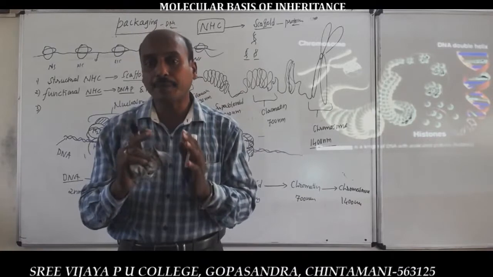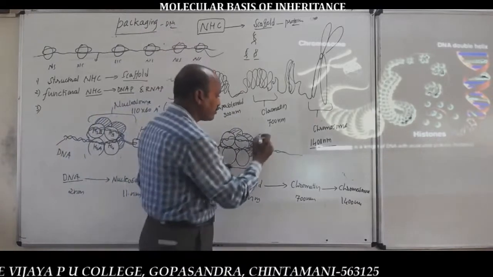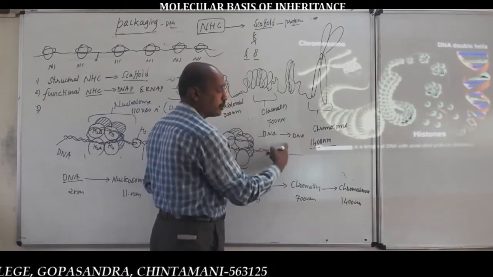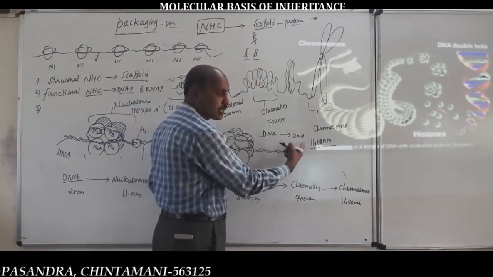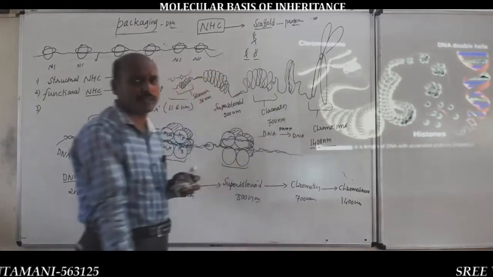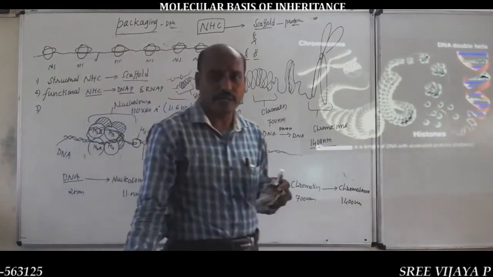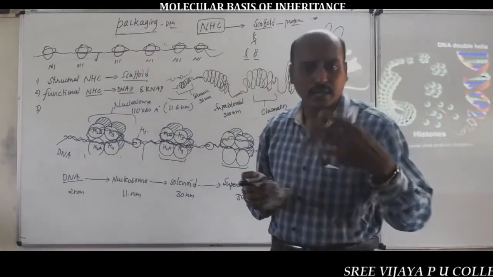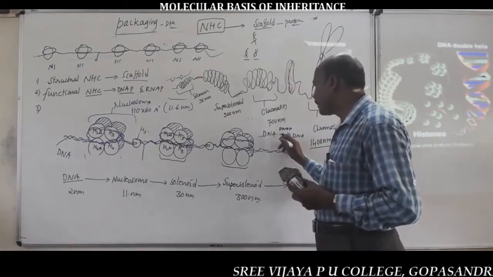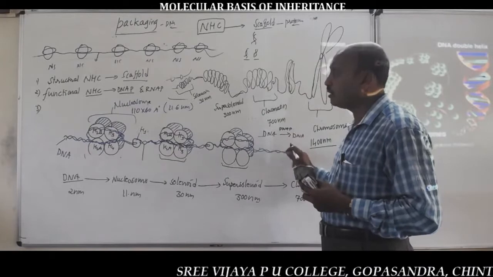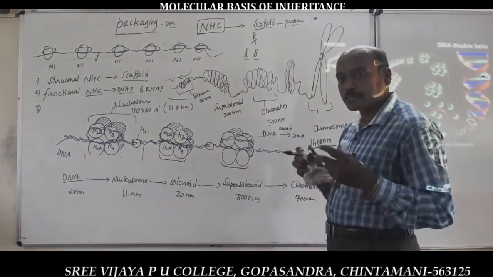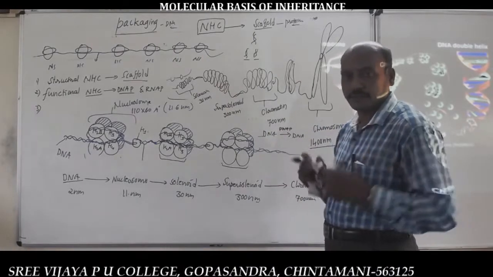So DNA gives rise to DNA, parental DNA produces daughter DNA, in the presence of DNAP. DNA polymerase first, second, third are future concepts in the topic of DNA replication. They are examples of functional NHC because they are responsible for synthesis of DNA.